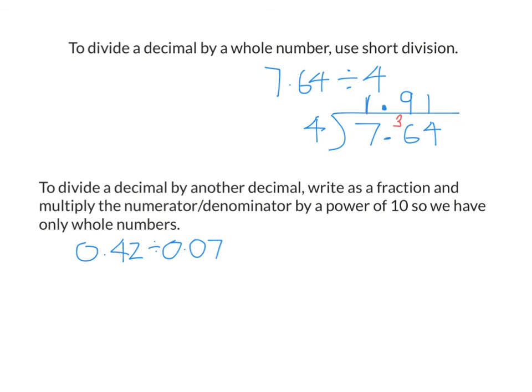So we're going to write this as a fraction. 0.42 divided by, because remember the fraction line means divide, 0.07. So that's the first part, what I meant by write as a fraction. Now what we're going to do is multiply numerator and denominator by a power of 10, so we only have whole numbers. What does that mean? Well, see this is 0.07.